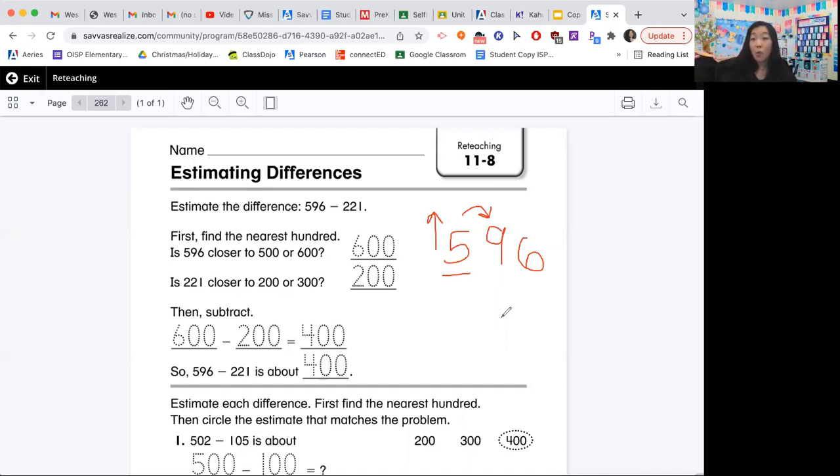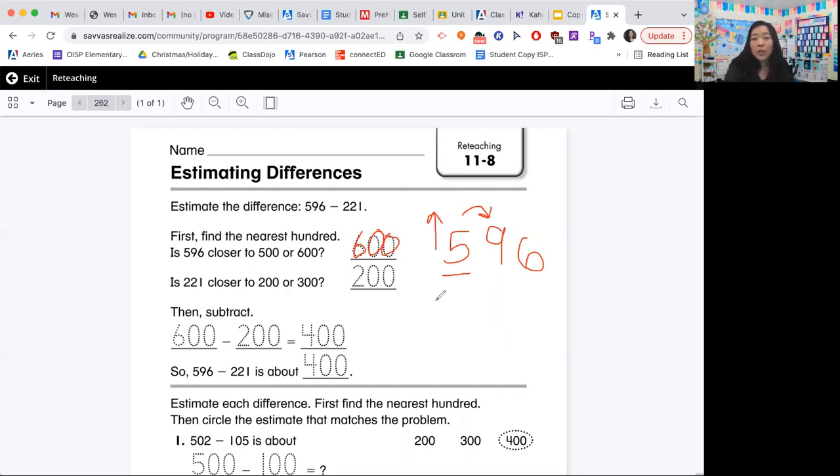If it was 4 or less, it would say 4 or less, let it rest. Because it's 5 or more, it's going to say let it soar. So that's why 596 is going to be 600. You can also see that 596 is closer to 600 than it is to 500.